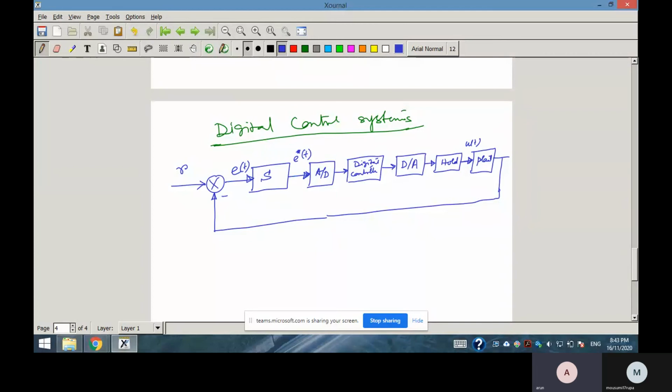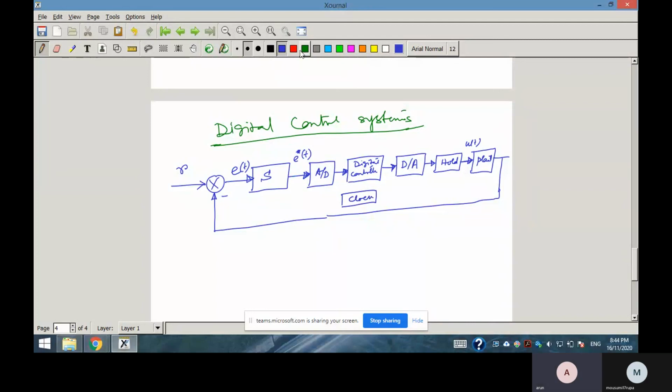Then it is sent to the computer where the controller is implemented, and the controller will send the digital signal to the DA converter, and the DA converter will send an analog signal to the hold circuit, and the hold circuit will make it an equivalent staircase type of continuous signal that will be applied to the plant.